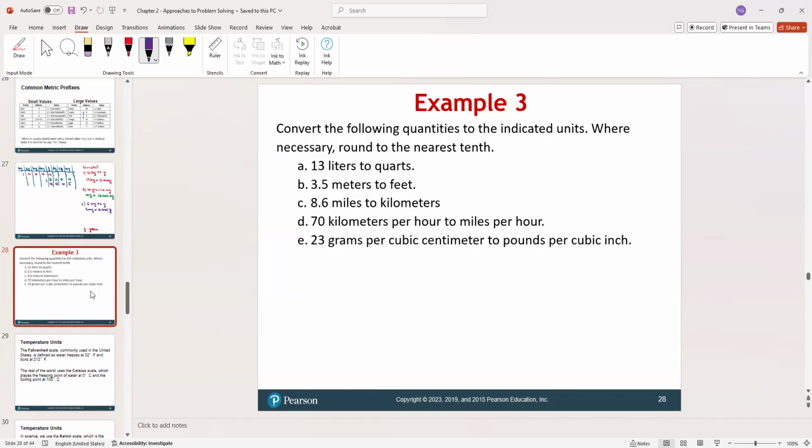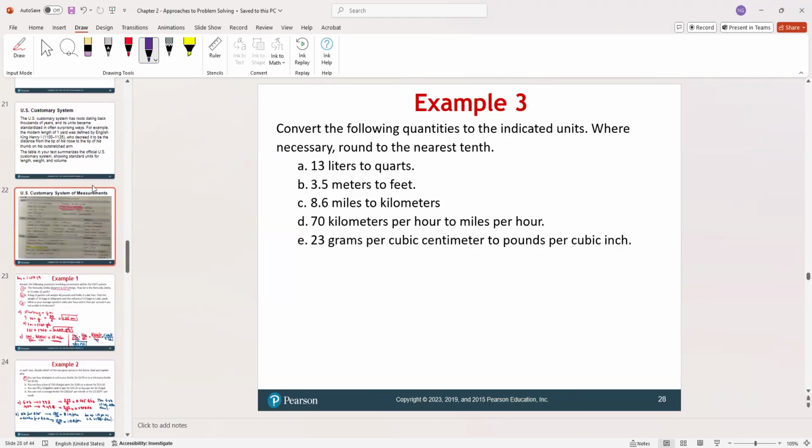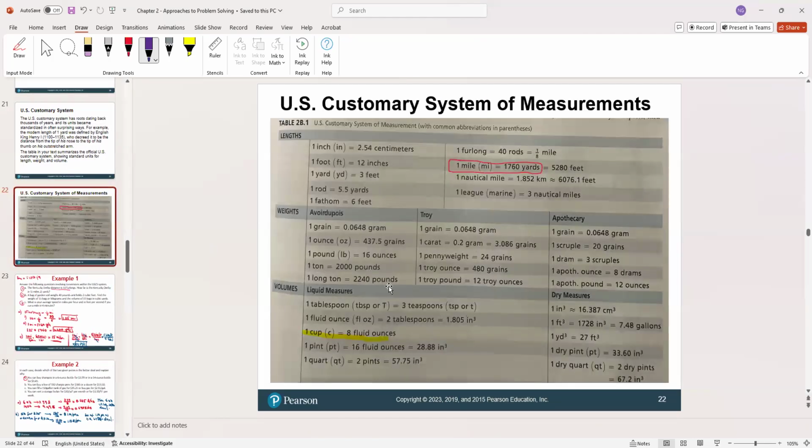If we need to convert 13 liter to quarts, first of all, we need to know what 1 liter is in quart, or how many quarts is 1 liter. To check that, we need to go back to that table right here. Let's see liter in quart. Maybe we have it. Liter.